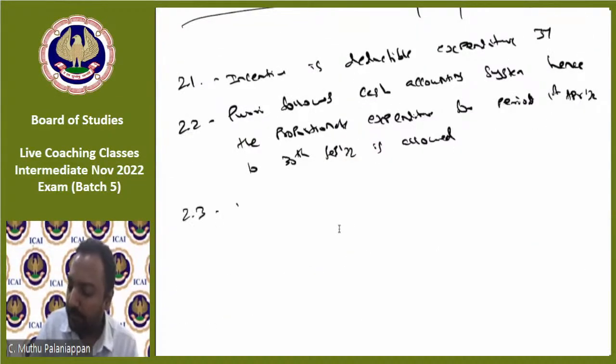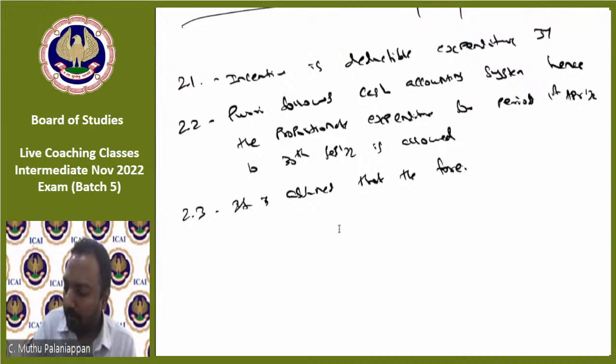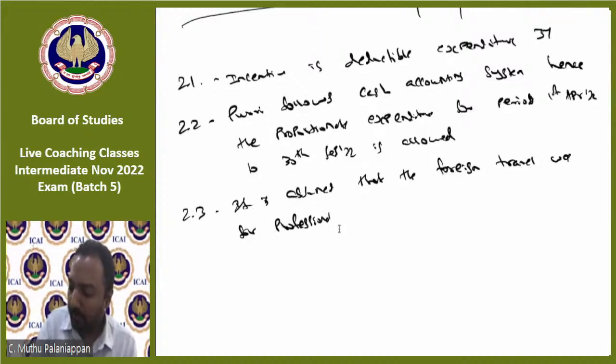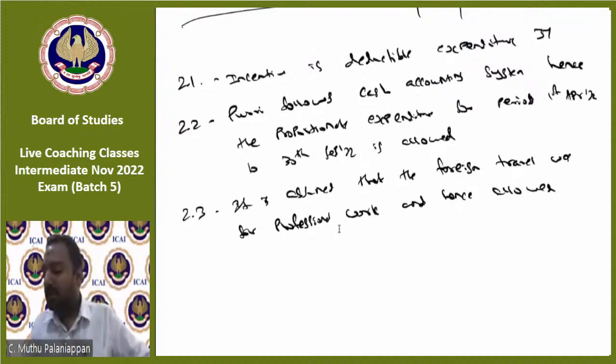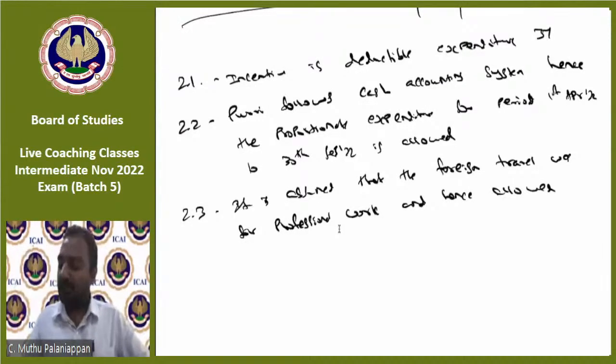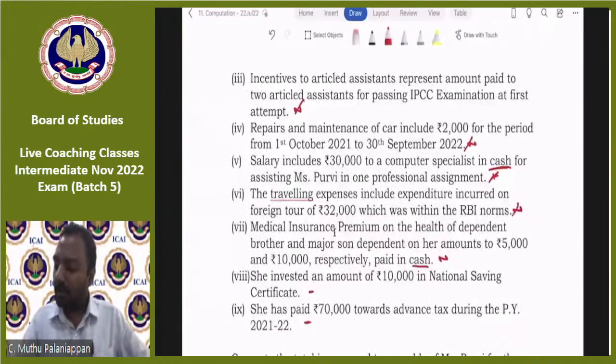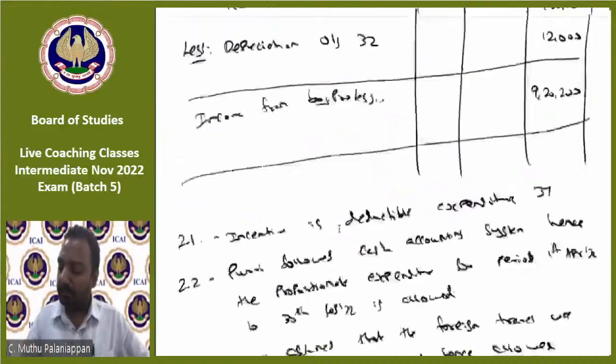So 2.3, it is assumed that the foreign travel was for professional work and hence allowed. Since it is already included, we have not done anything. So these are the three things that we said have to be written as a note. Now we have to consider all the notes. That's it. So that is with respect to business or profession.